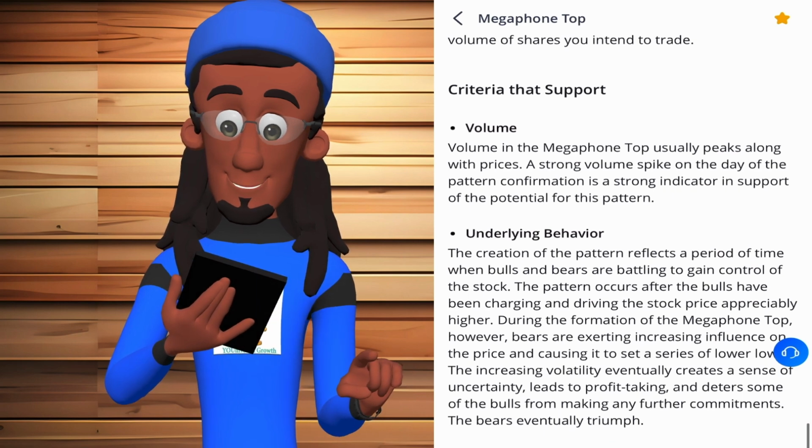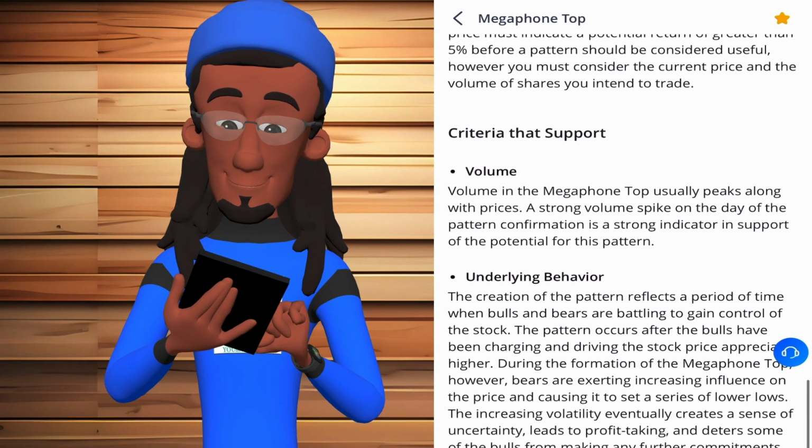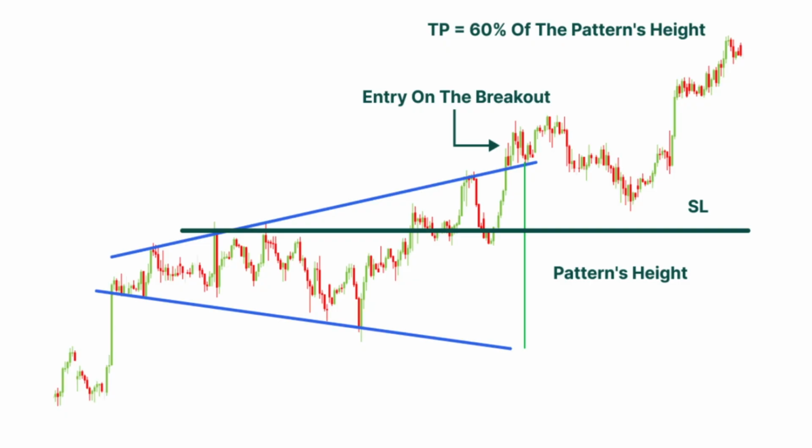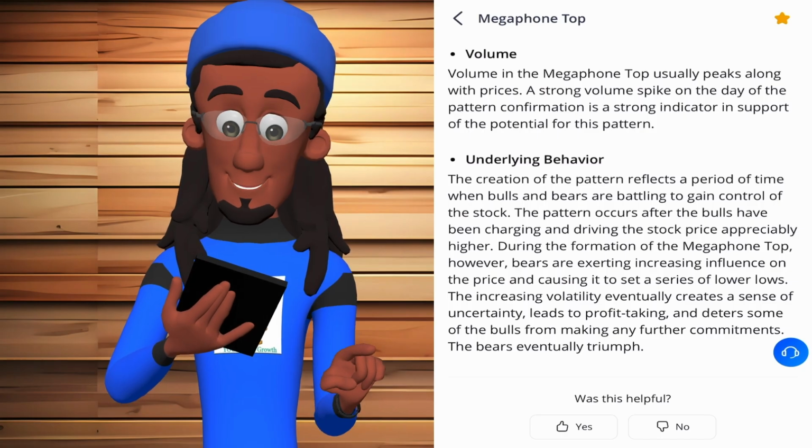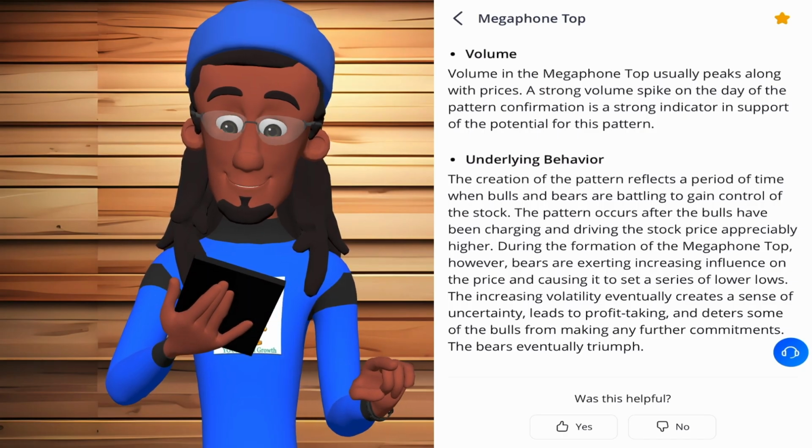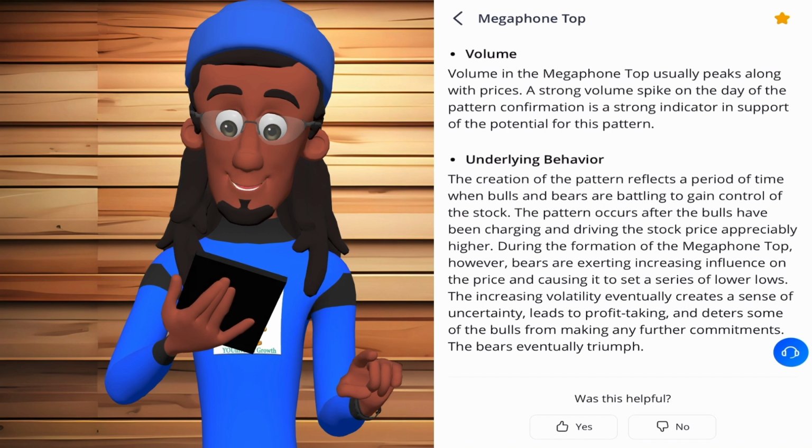During the formation of the megaphone top, however, bears are exerting increasing influence on the price and causing it to set a series of lower lows. The increasing volatility eventually creates a sense of uncertainty, leads to profit taking, and deters some of the bulls from making any further commitments. The bears eventually triumph.